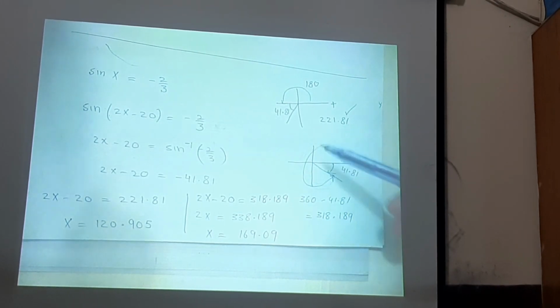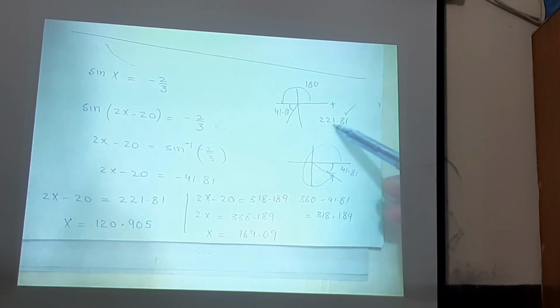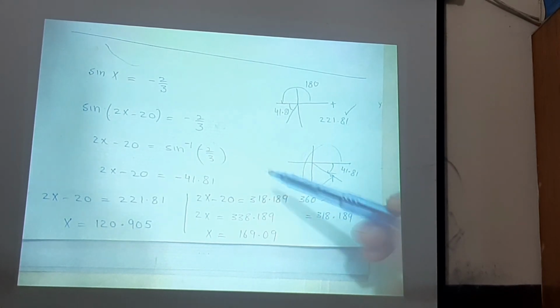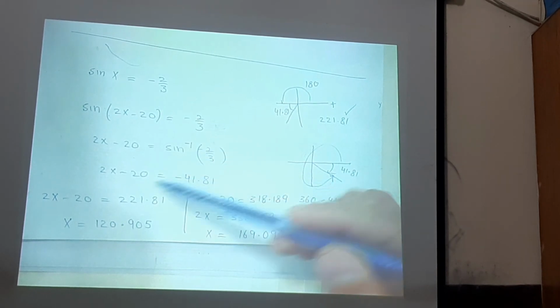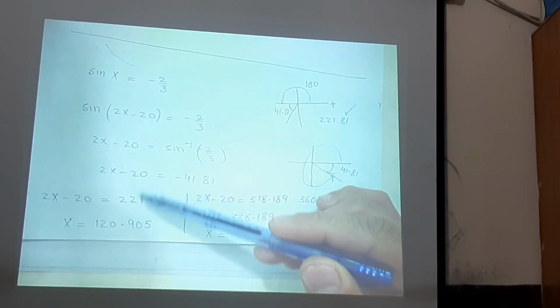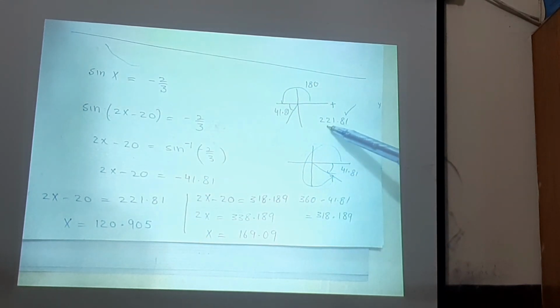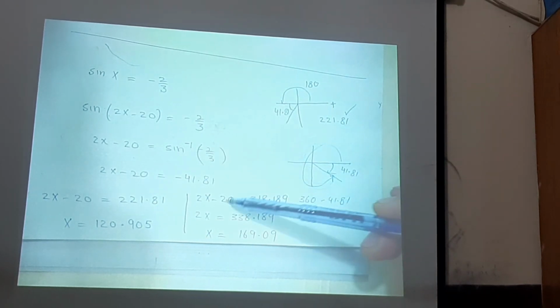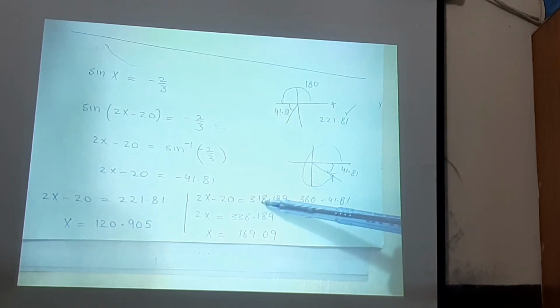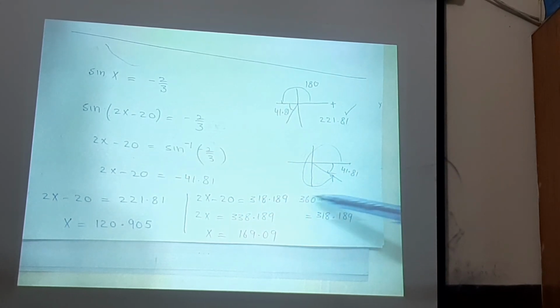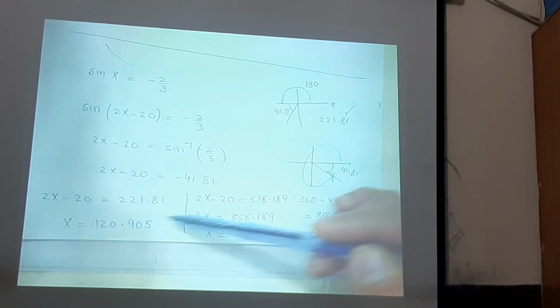Now here I have got two values for the angle, 221.81 and 318.189. Now 2x minus 20 is equal to 221.81, the case for the third quadrant, and 2x minus 20 is equal to 318.189, the case for the fourth quadrant. I am going to find x from here.